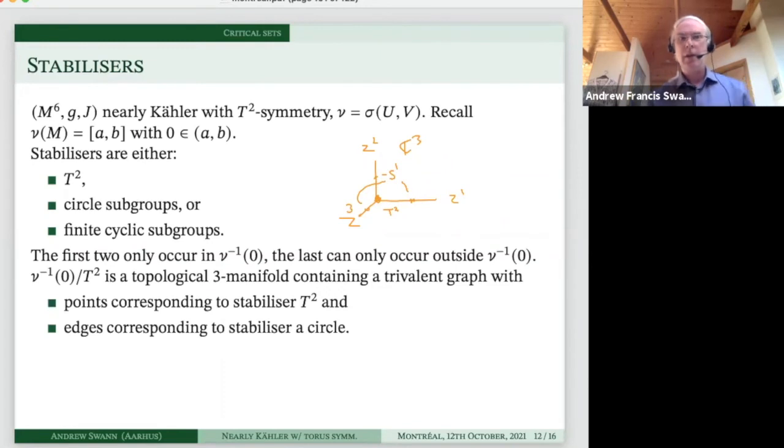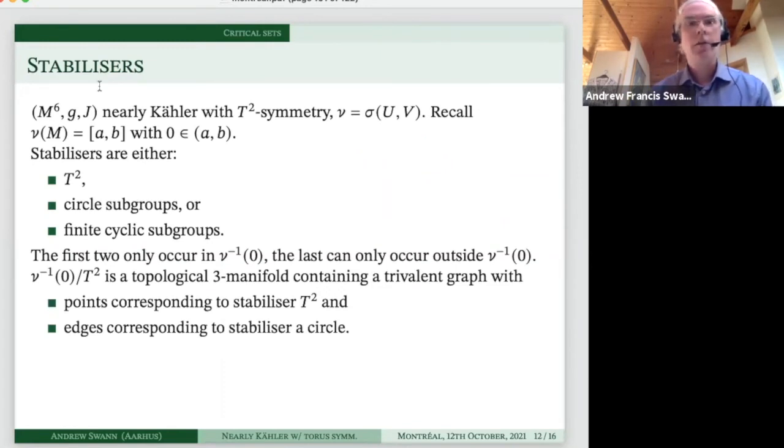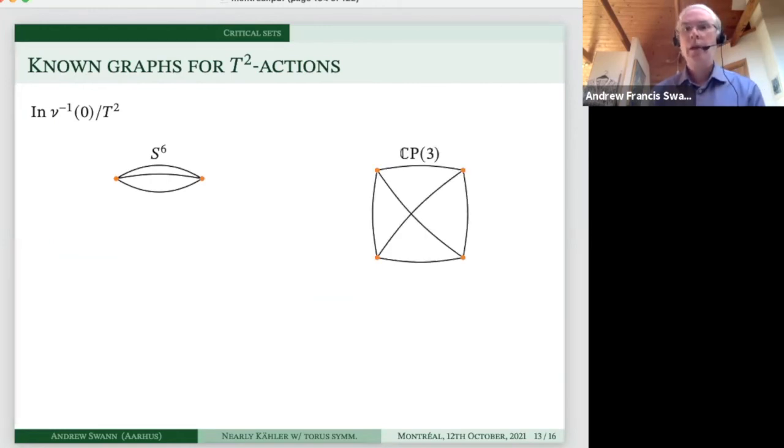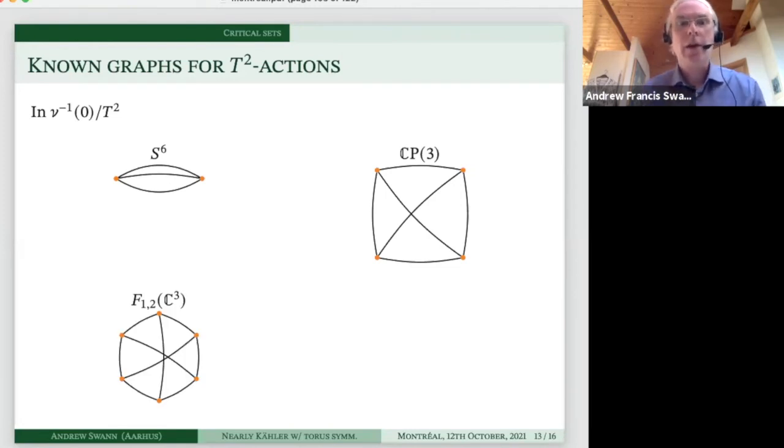And you can nicely draw the pictures in the standard examples. So S6 has 2 fixed points. CP3 has 4. And the flag manifold has 6 fixed points.